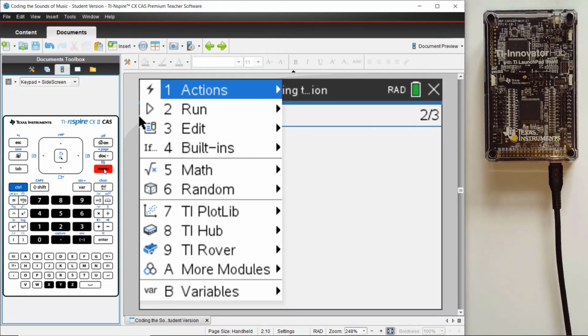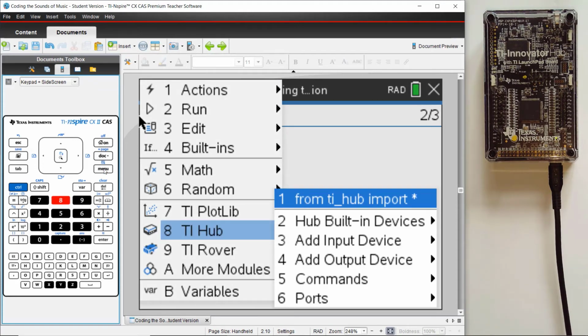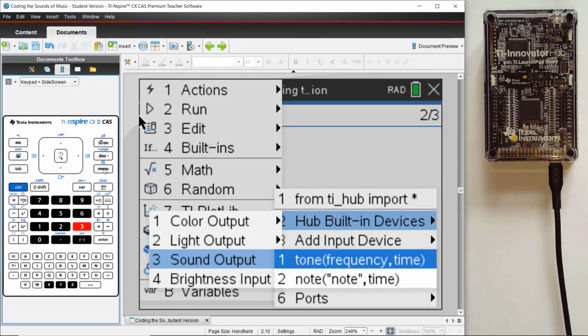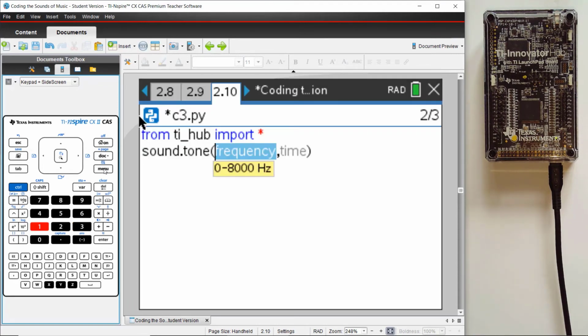So I'm going to go to menu, and I'll go to number 8, hub, number 2, built-in devices, number 3, sound output, and number 1, tone. I'm going to play a frequency of 440, for my calculated time for 1 beat at 100 beats per minute of 0.6 seconds. I'll use my trackpad to click once to the right to get out of the parenthesis, and then press enter.